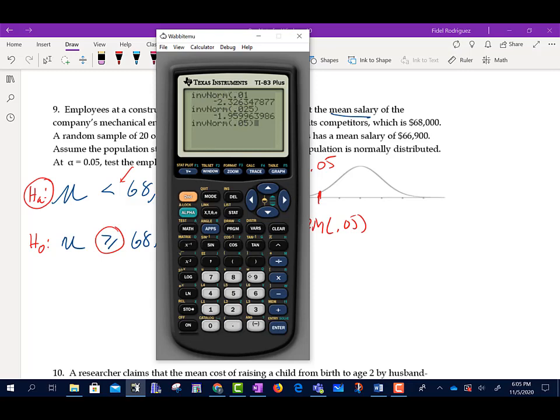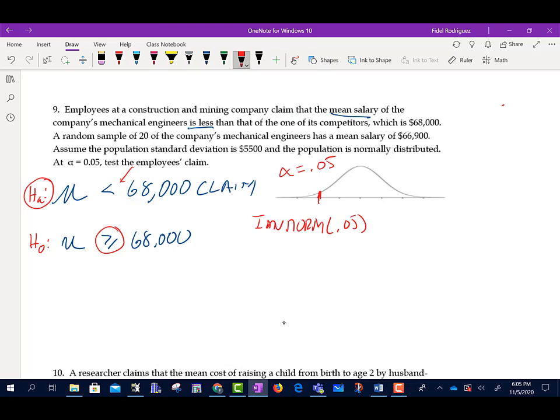Okay, hit enter. And I'm coming up with negative 1.64. Okay. So the value we're coming up with here, negative 1.64. All right. So again, just to give you a reminder, this is the reject. This is the fail to reject.